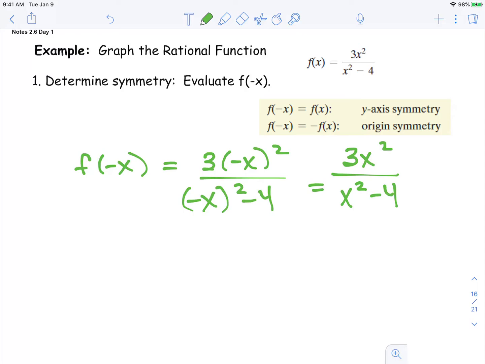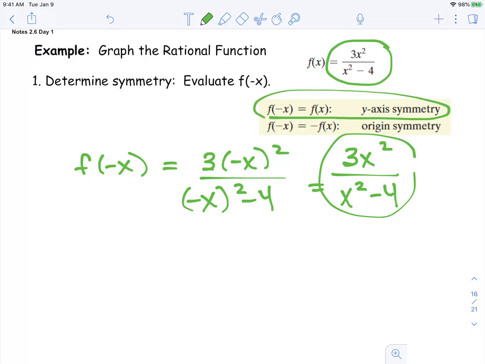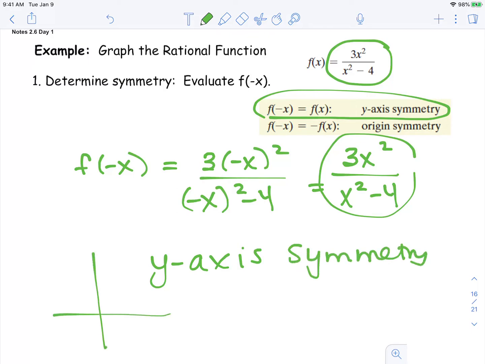And what we got is the original function back. So this is the same as that. So that's telling us that there is y-axis symmetry. So if here is our y-axis, there's going to be symmetry about here.